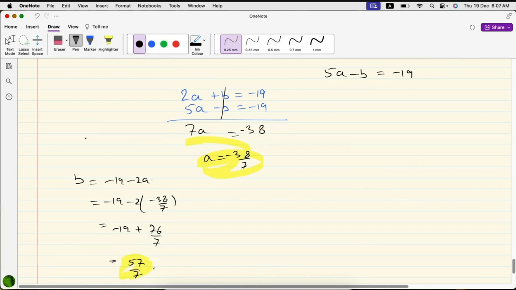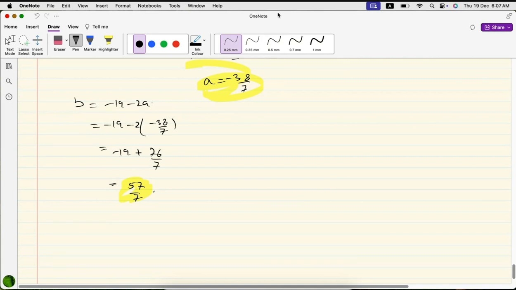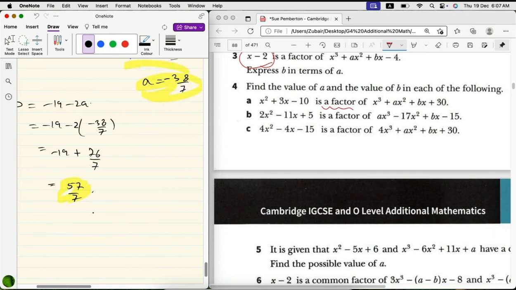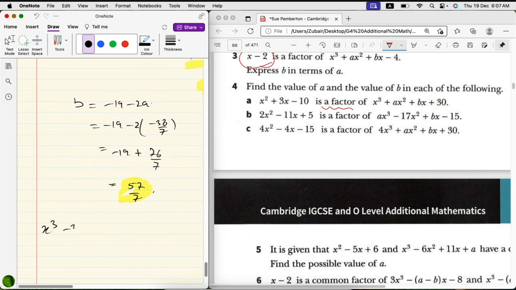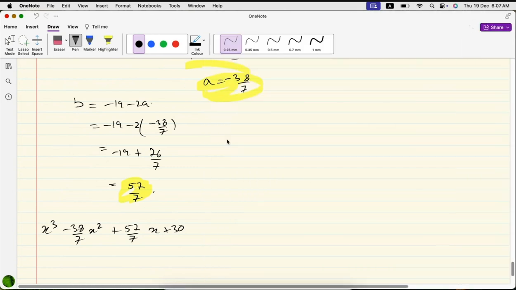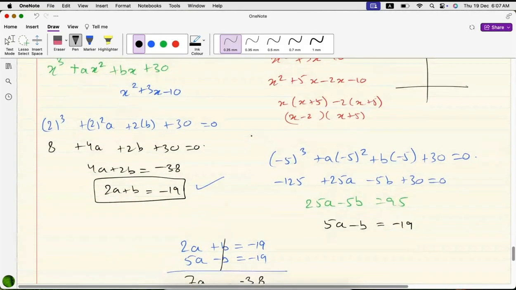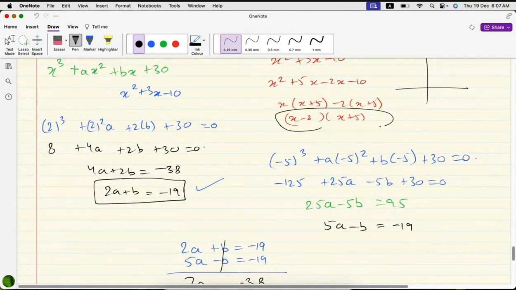I'm copying the original question with these values. This was x cube plus ax square, where a is minus 38 by 7 x square, b is 57 by 7 x plus 30. Till now it seems so odd, these fractions.